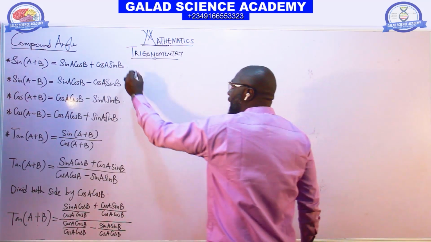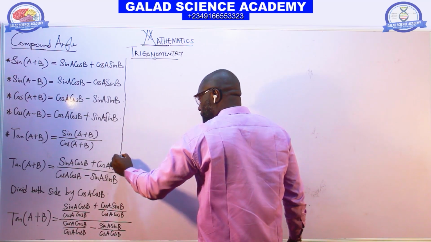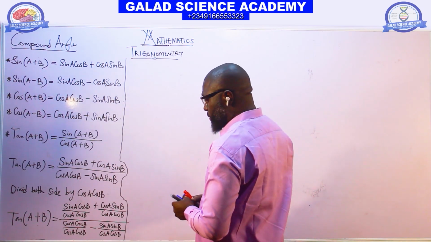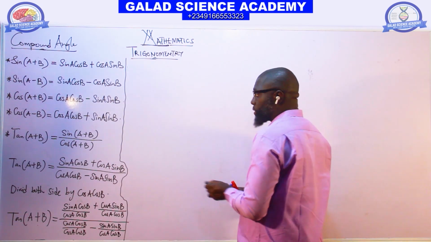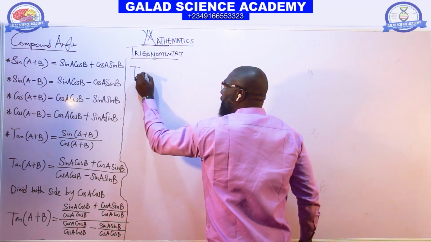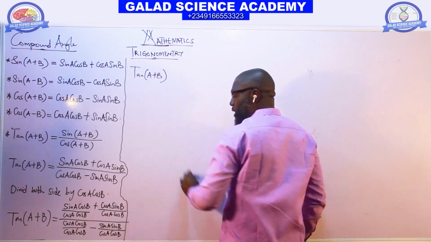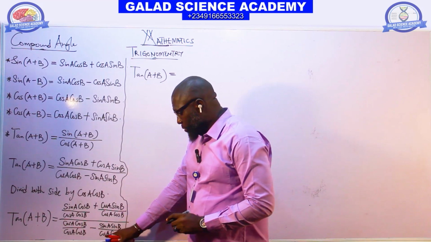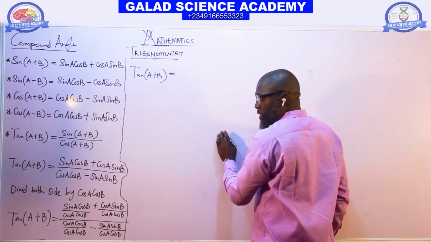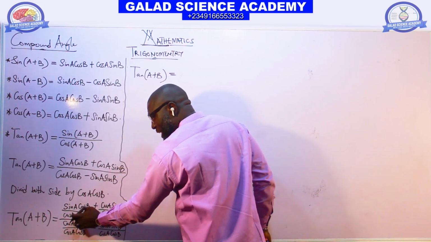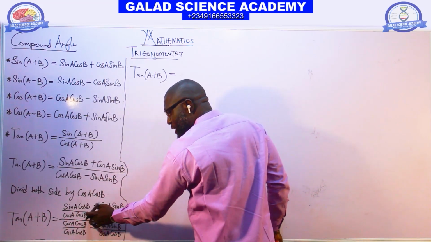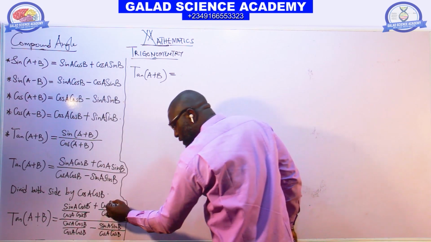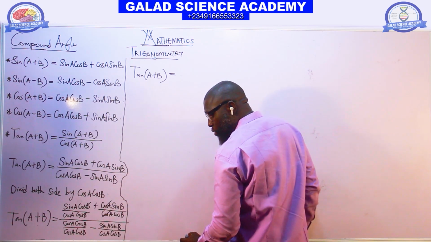So we now arrive at tan A plus B. Look at this side: sine A cos B over cos A cos B, we cancel cos B; here too we have cos A, we cancel each other.